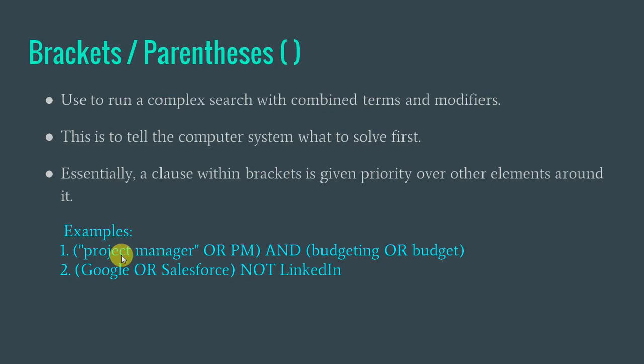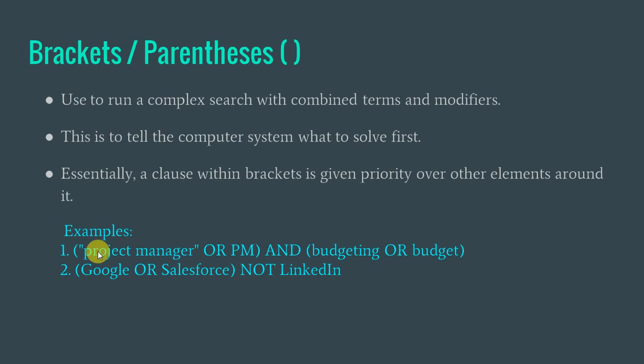Examples are project manager or PM. These are enclosed within the brackets because we want to look for a project manager, or it could either be PM in their title also. And we want to search the word budgeting or budget within the profile.